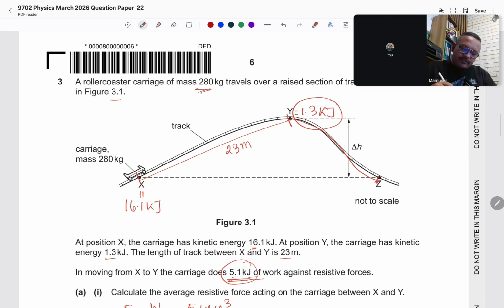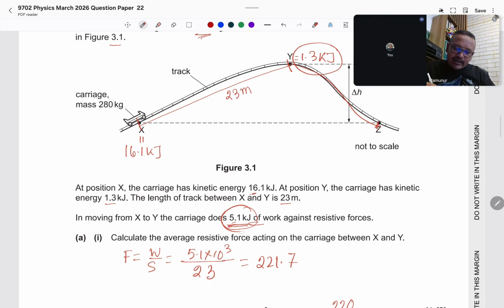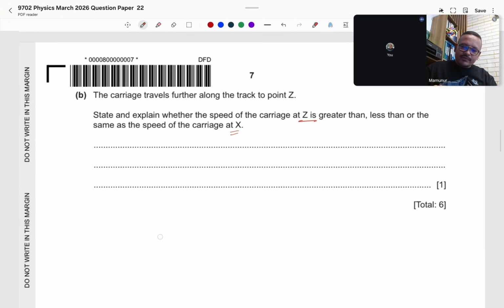It's gaining height and again going down. Speed is supposed to be constant, but here some work is done due to resistive force, which means some energy is lost. So I'm not getting the same speed, though it moves back to the same height. Due to resistive force, I'm not getting the same speed.